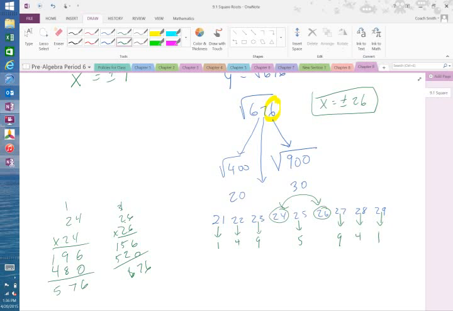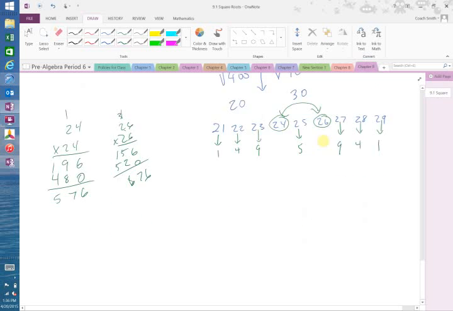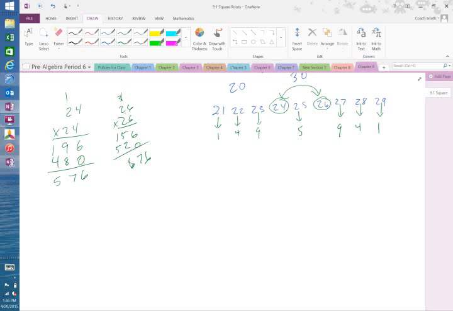Now, let's say I had c squared is equal to 125. Well, to solve it, I take the square root of both sides.